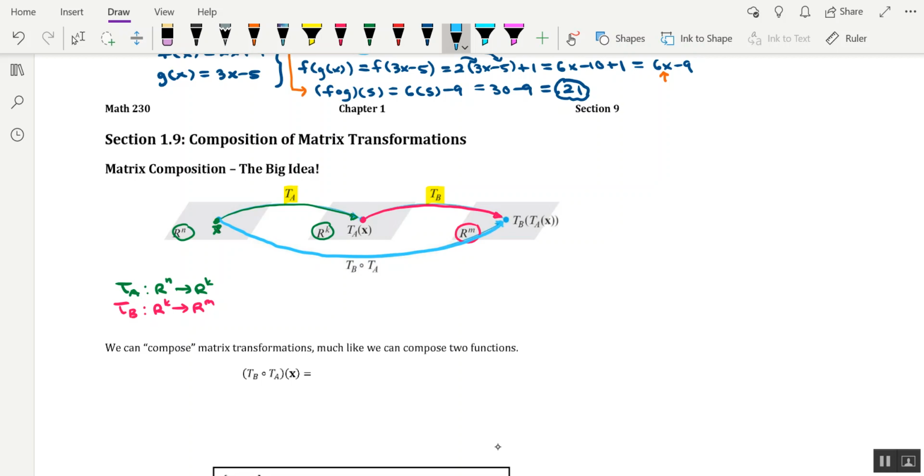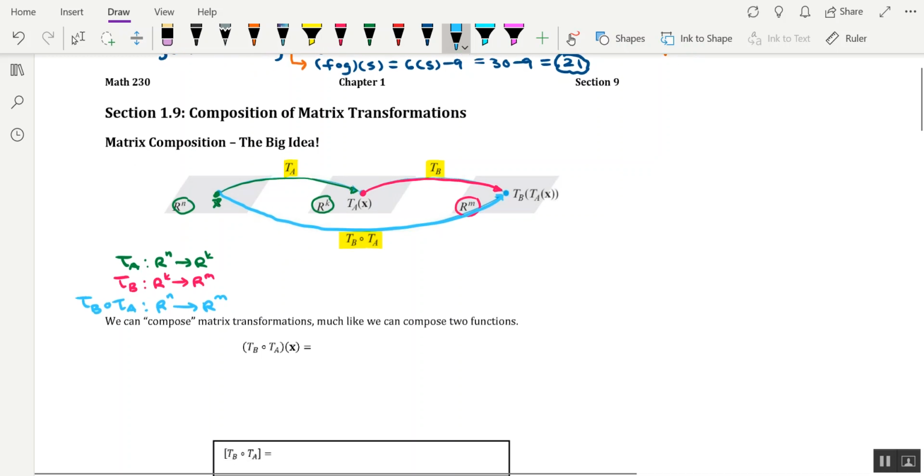And that path is done by the composition T sub B composed with T sub A. And so notationally, T sub B circle T sub A is going to take a vector from n space and just directly transport it to m space. Alright, so that's the idea with that.